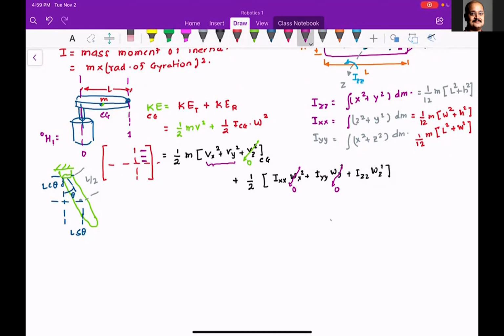In this particular case, and in almost all robotics problems, you will notice that the mass will be located at the midpoint. So instead of having L, you are going to have, and I will show you what you will have, here L cosine theta, and here L sine theta, and here maybe this height, say A.